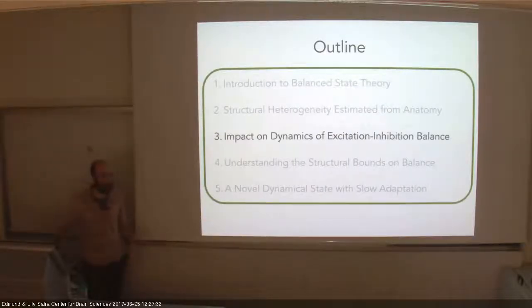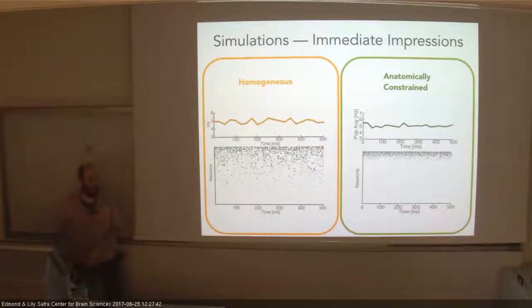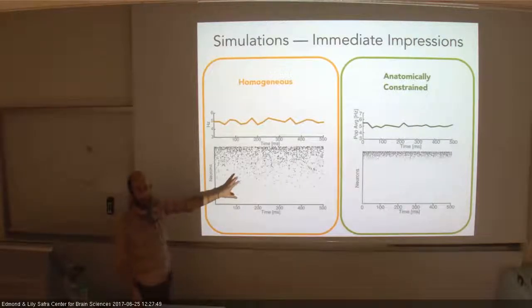Okay, so first of all, what is the impact of the observed heterogeneity on the dynamics? First, straight into simulations of integrate-and-fire neurons of the whole network, comparing again the random graph network, where the structure is uniform and the in degree is homogeneous, to the network that came from the estimates of the anatomy.